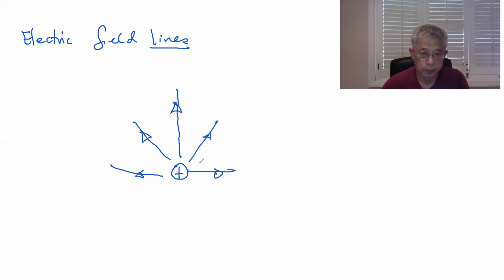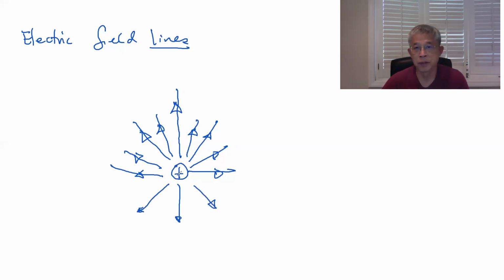Why am I drawing this many? Because I want to show something else, right? So there's more in this direction too, okay? But it's all going away, right? This is positive. The electric field definition is going away from the positive, in terms of electric field lines, okay?